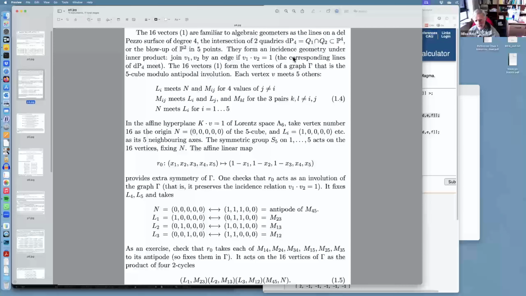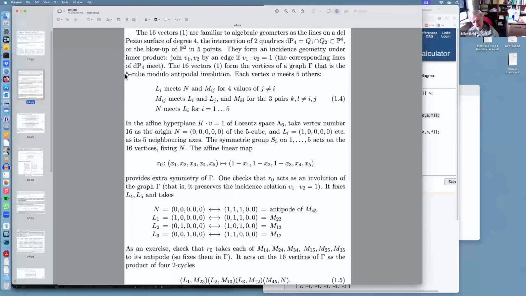So if you write an abstract graph with 16 vertices corresponding to the lines, and you join them by an edge if the lines meet, that is, the class of line 1 and class of line 2 have cup product equal 1, then, I'm telling you the result, it's not hard, they form the vertices of a graph.